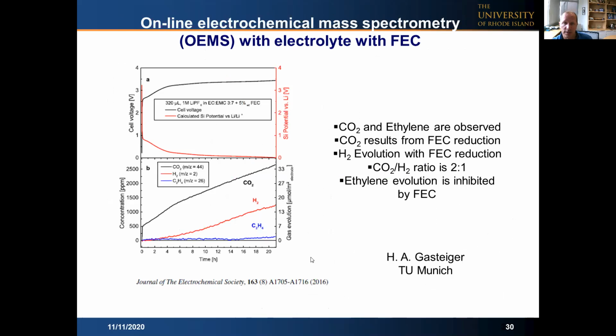If we do the same analysis with the FEC-based electrolyte, we observe the same thing, where the amount of ethylene being observed is significantly reduced. The amount of CO2 being observed is increased significantly. And also we see hydrogen, H2, being evolved in the case of the FEC.